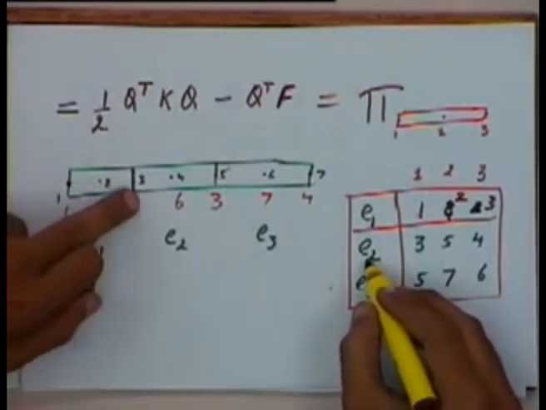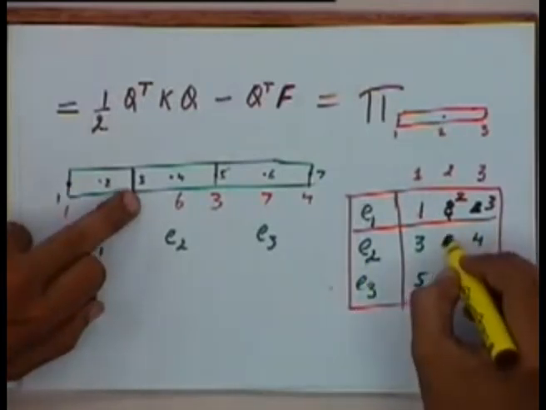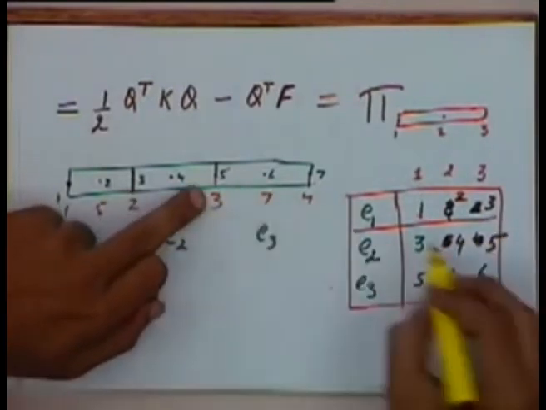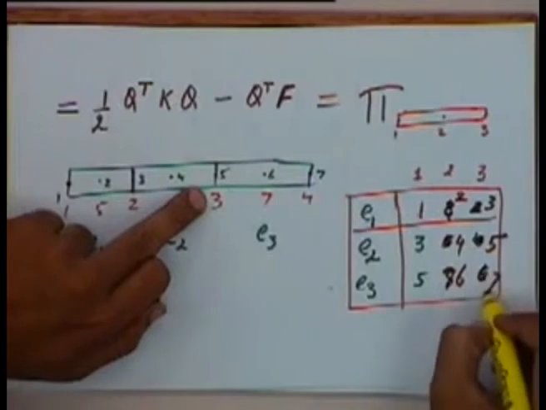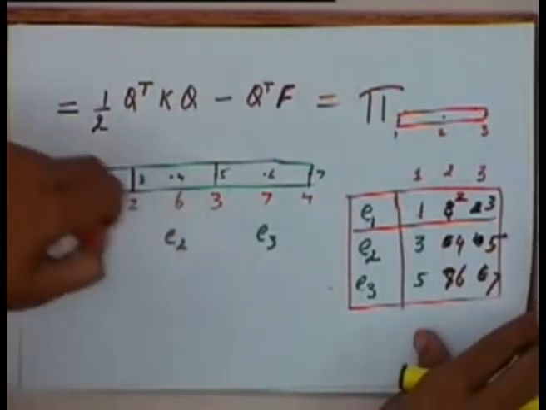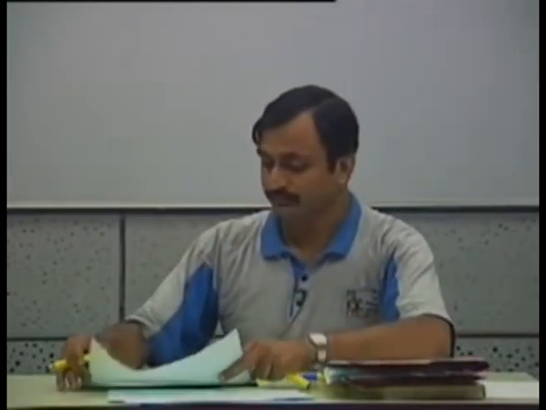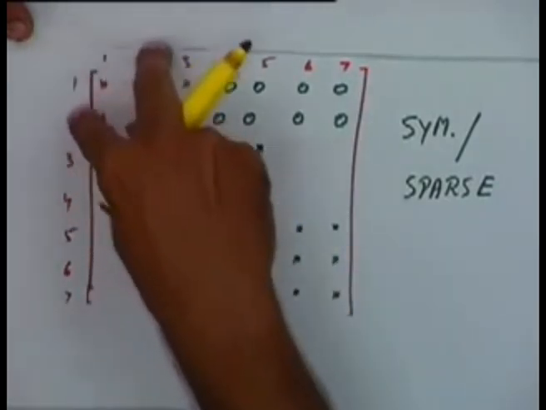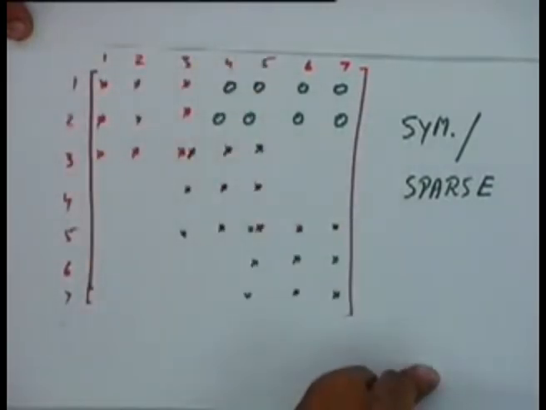My element 2 is defined between 3, 4 and 5. Element 3 will be defined between 5, 6 and 7. So in this case you will still get the same patterns, and your matrix will still remain the same.